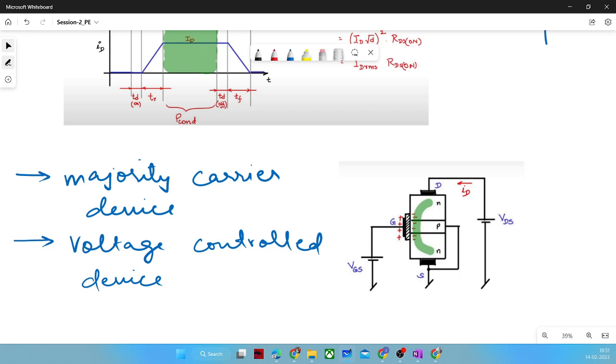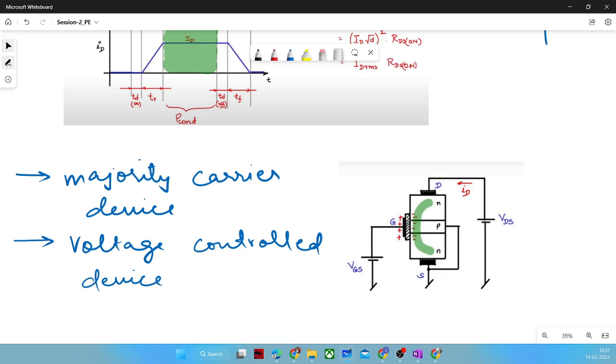Why voltage control device? Because you are applying your voltage to create an electric field, right? It is not conducting directly. No current is flowing like that, as you might have seen in BJT or IGBTs, where one conduction channel is there.